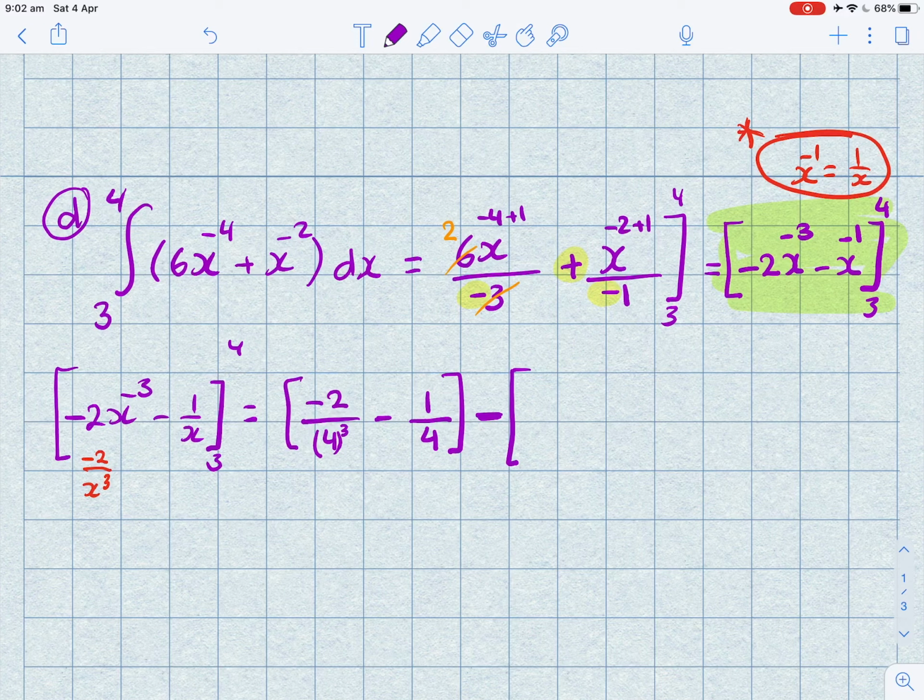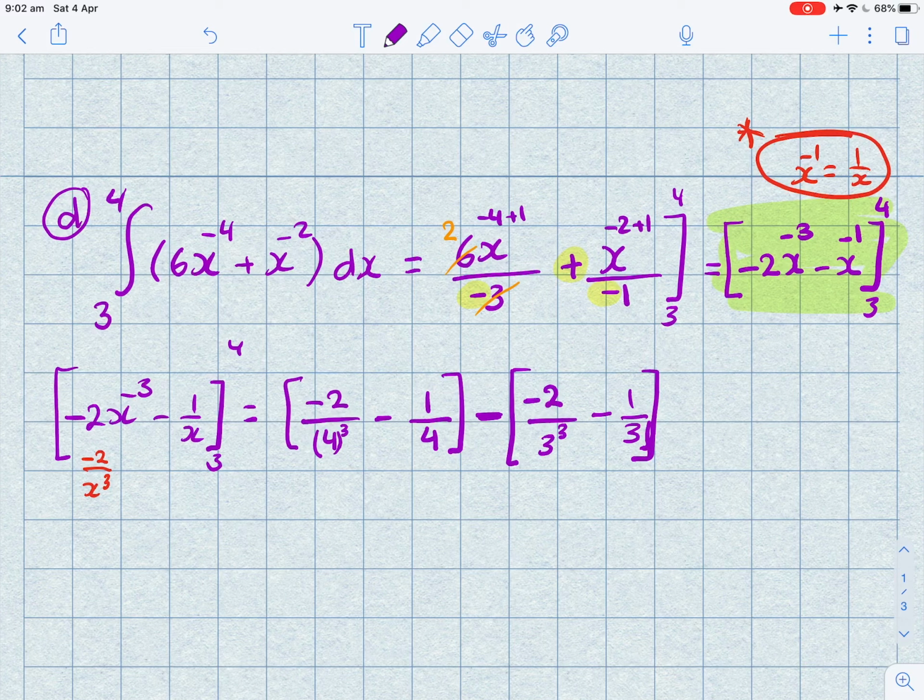So this is going to be minus 2 over, and instead of x, I will substitute 3 to the power 3, which is 27, minus 1 over x, so it's 1 over 3 instead of the x, okay?